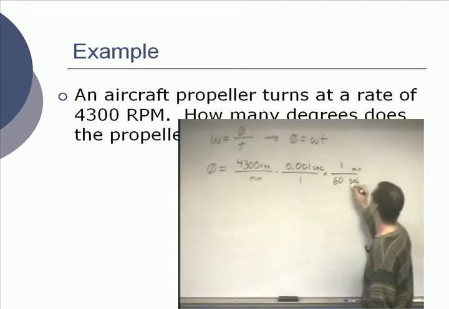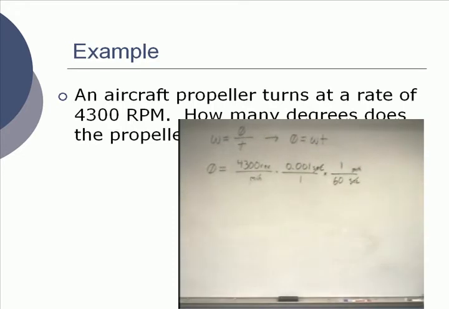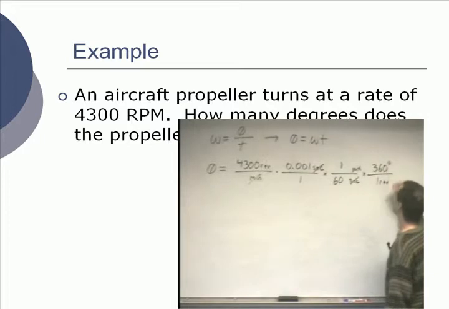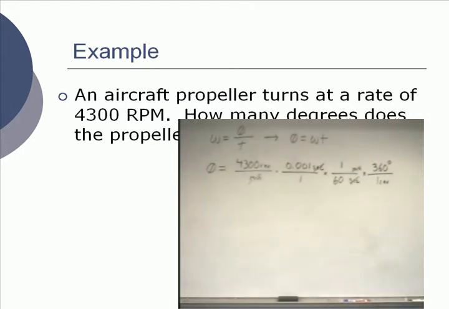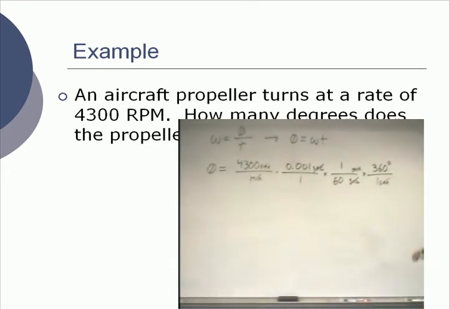Now the time all cancels and we're left with revolutions. That's all fine and good, but we don't want the answer in revolutions. We want it in degrees, so we have to do one more: 1 revolution, 360 degrees. Now revolutions cancels. We've got an angle in degrees. Everything cancels out.